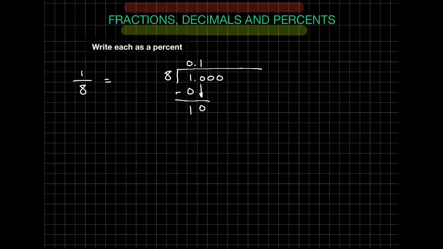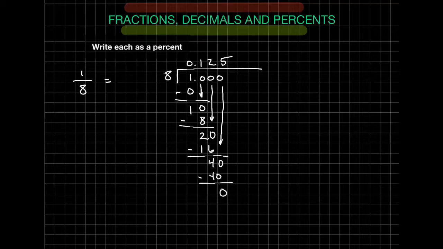So 1 times 8 gives us 8. 10 minus 8 is 2. Bring that next 0 down. Okay, 8 goes into 20 twice. 2 times 8 gives us 16. Okay, 20 minus 16 gives us 4. Bring that 0 down. And 8 goes into 40 5 times. 5 times 8 equals 40. So once you get a 0 down there at the bottom, you know you're done with your long division.